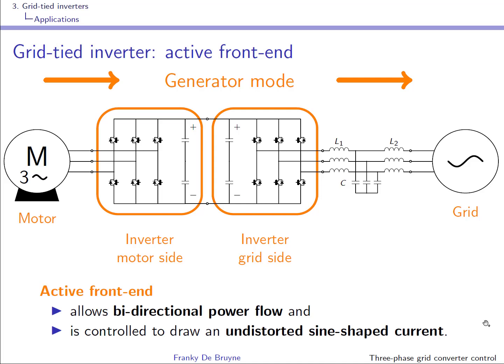With the active front end, the current that is drawn from the grid is a nice undistorted sine-shaped current with low harmonics. There are two other advantages of the active front end. For instance, it can be used for power factor correction, and also it allows input voltage boost operation, which means that your inverter at motor side can provide a voltage that is higher than the voltage of your AC power lines.